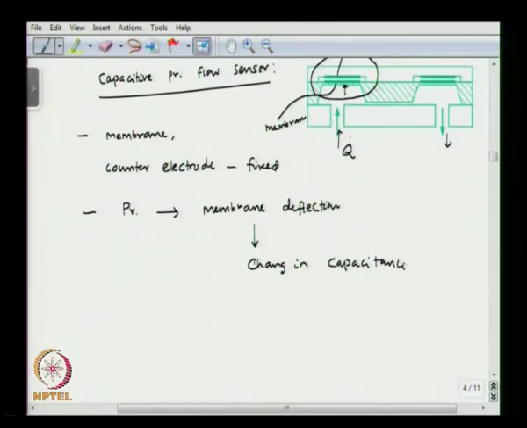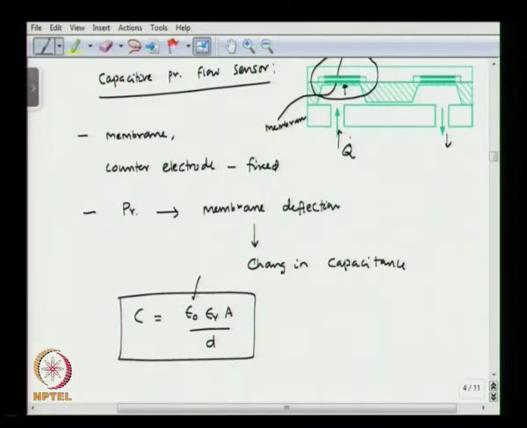Okay. So, we can write down the expression for capacitance which is epsilon 0 epsilon r A over D. So, this is permittivity of free space, this is the dielectric constant of the medium which is present between these two capacitor plates. A is the capacitor area and D is the gap.